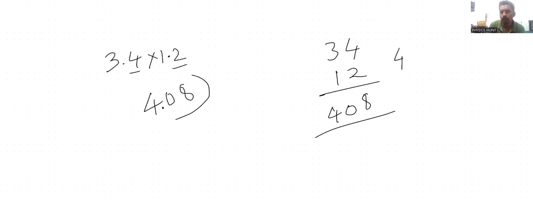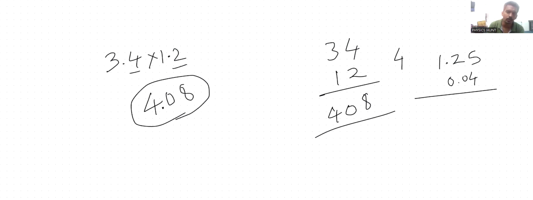Suppose 1.25 into 0.04 is there. Now you have to multiply. Now you multiply 125 with 4. So you will get the answer 500. Now here 2 decimal places, here 2 decimal places. So 4 decimal places. 1, 2, 3, 1 more.